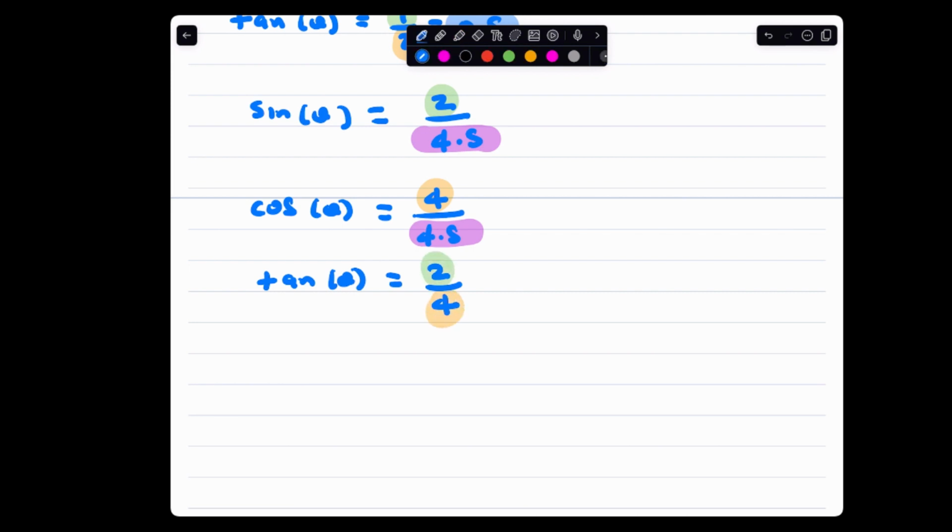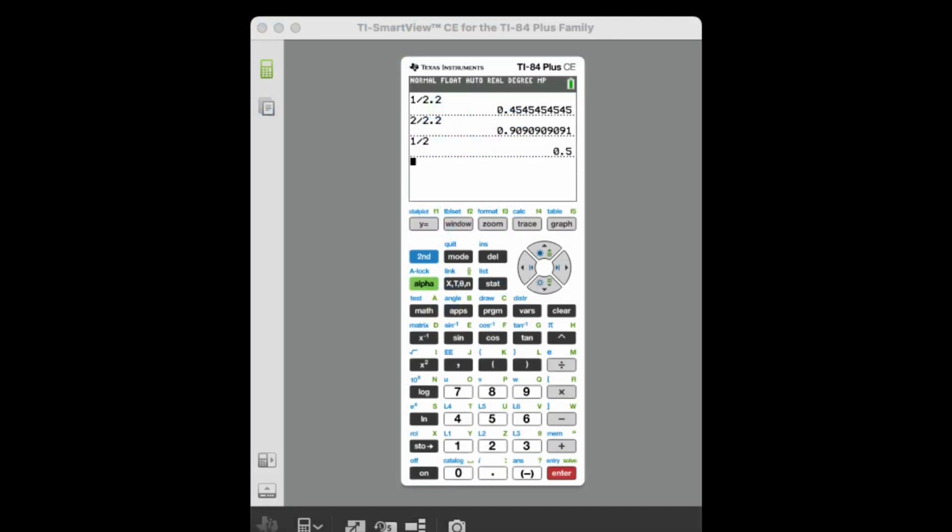All right, let's see what all this really becomes. We're going to approximate, see what this is to the nearest what again? Hundredths. Okay. Let's clear this out. 2 divided by 4.5, what does that give you? Is that 0.44? All right, and then 4 divided by what? 4.5.